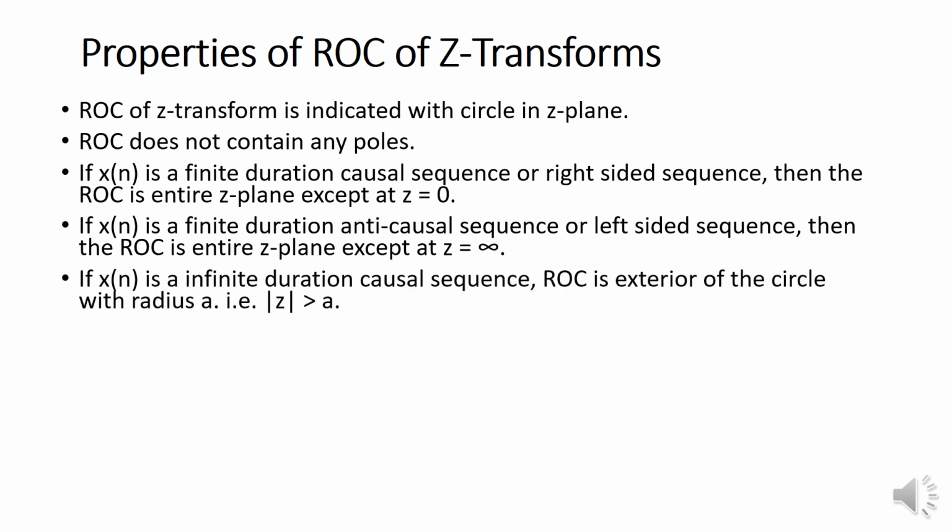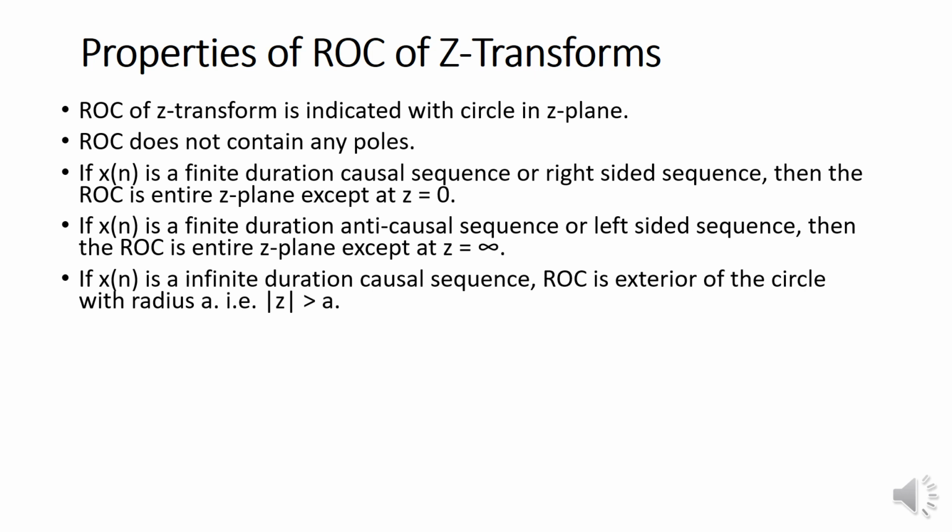Then let's say x[n] is an infinite duration causal sequence. Causal means again right-hand side. There won't be anything for the left-hand side of x[n]. Then the ROC is the exterior of a circle with radius a.